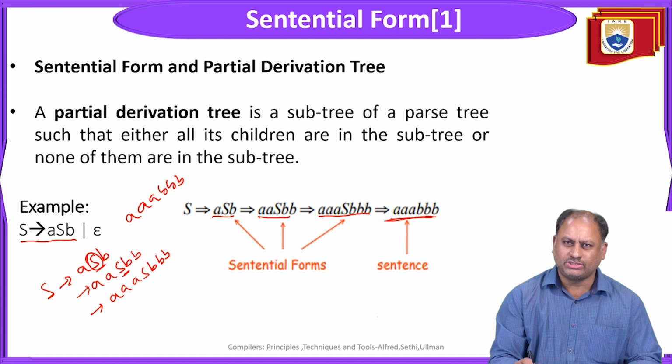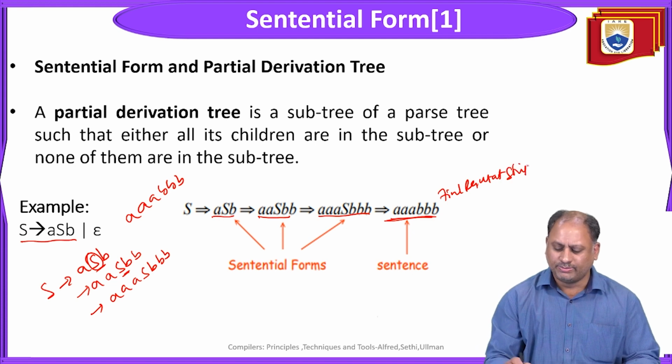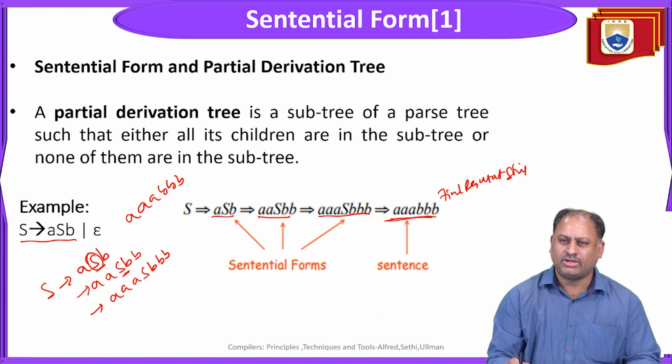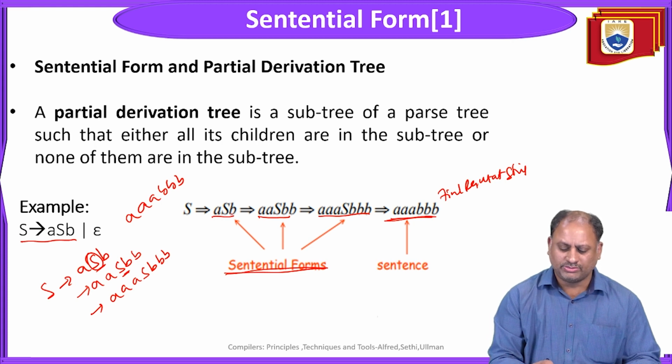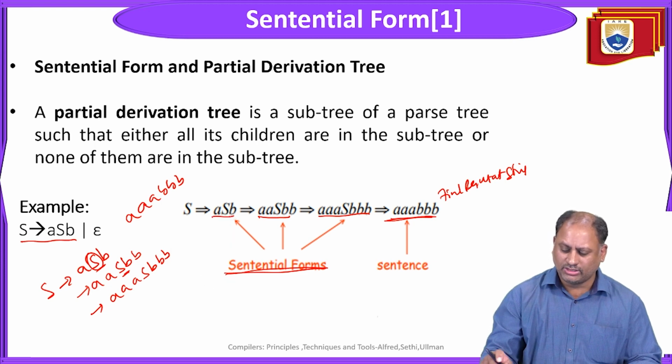In this process, the final resultant string is delivered. Before the resultant string is delivered, the previous steps are called sentential forms. These are called subtrees of the particular tree. So it is the main root S, and then all the remaining subtrees.